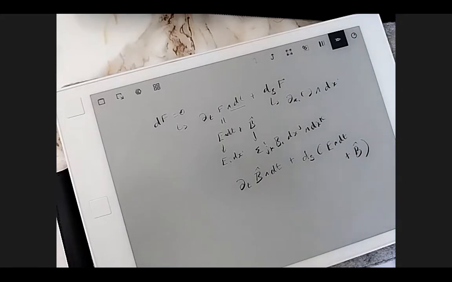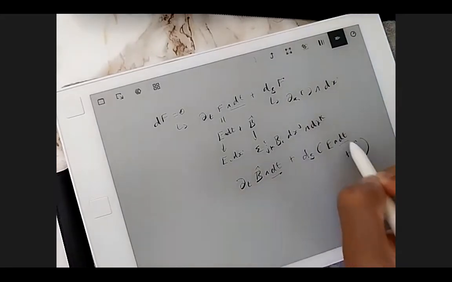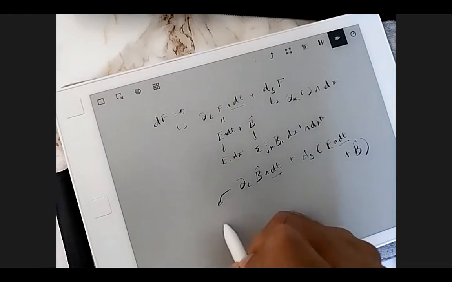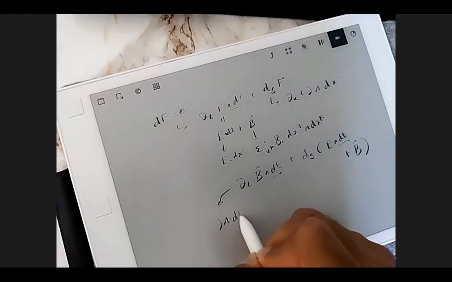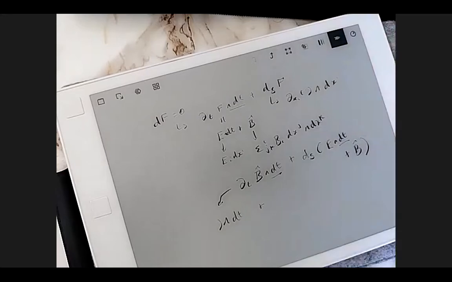So you collect these terms, and you have some equation wedge dt plus the rest.